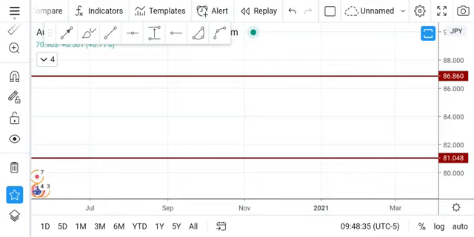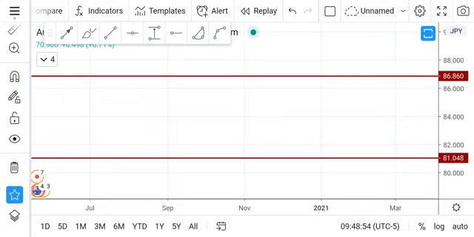Remember, always trade with the trend. So for example, if it's an uptrend, the price is above a 200 period moving average. So you want to be more positive about a double bottom chart pattern because it's a bullish reversal chart pattern and you are trading it with the trend.